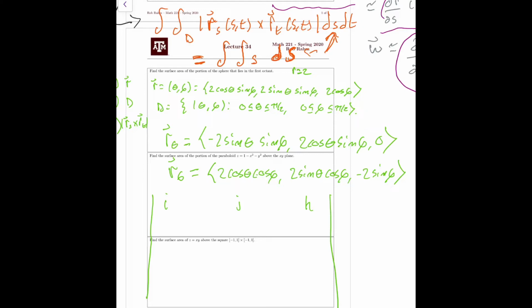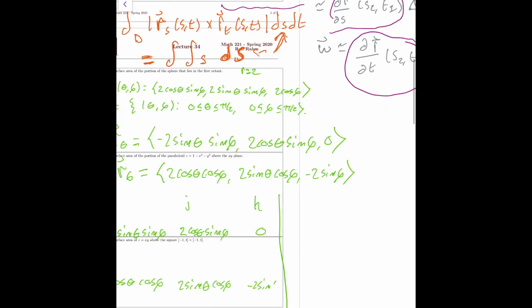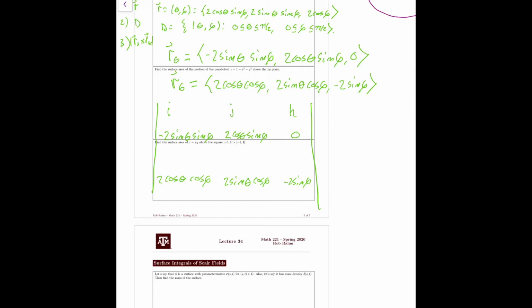It doesn't matter whether we do r theta cross r phi or r phi cross r theta because we're taking the magnitude. And instead of making you watch me do this at normal speed, I just sped it up. This is going to be a tedious and messy computation, so I would do it on your own and then watch this video to see if you get the same thing.